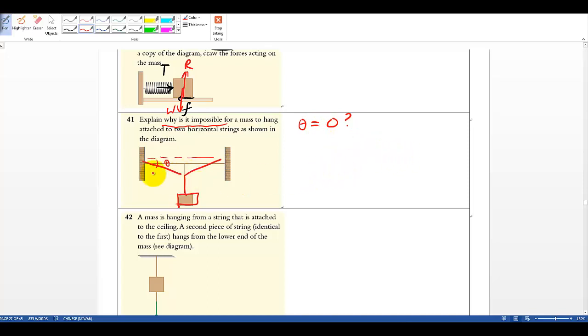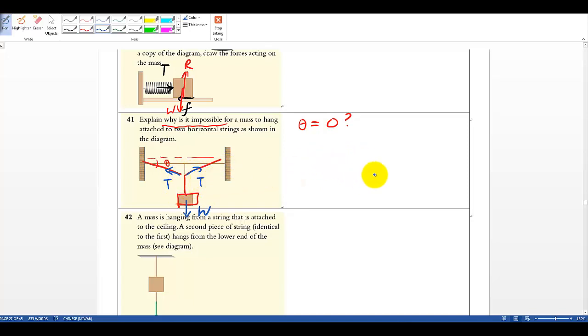We have to think from a physics perspective, so we think about the forces. We have the weight here, and we have the tension, one tension and another tension, and obviously it will be symmetrical.